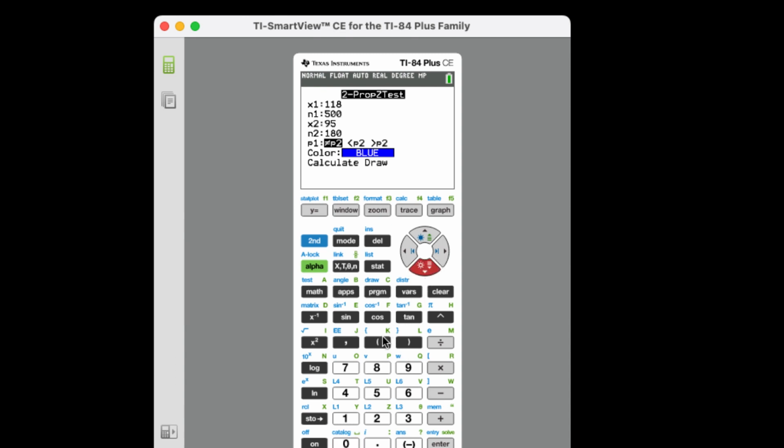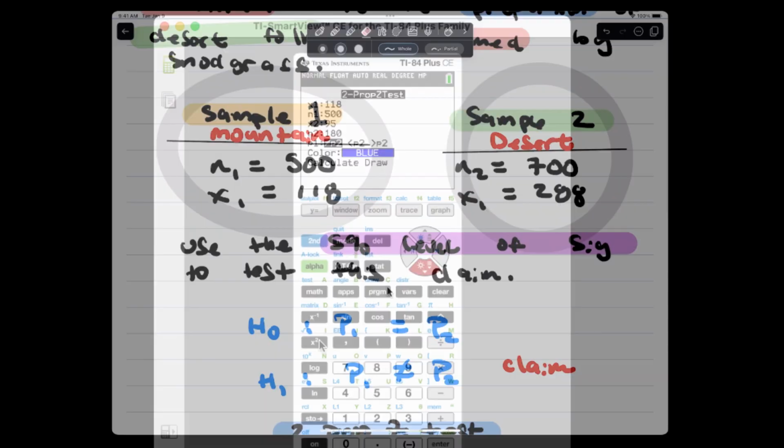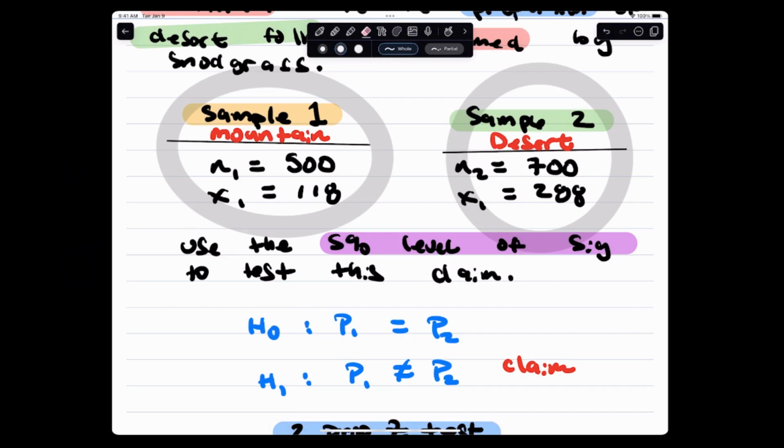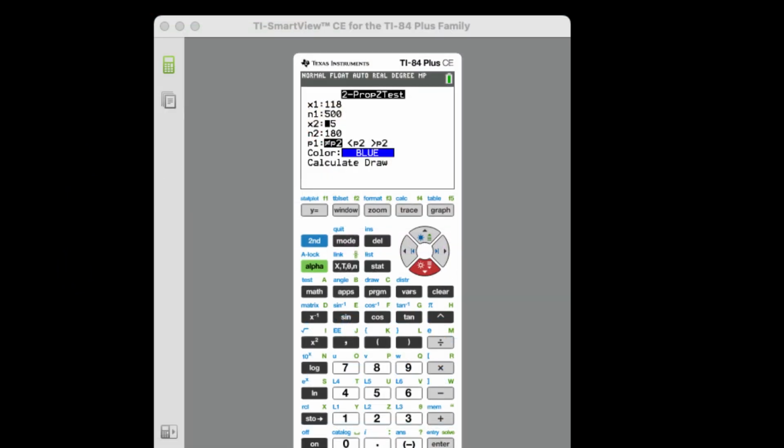And then you're going to have, ooh, I see a typo in my notes. Go back to the notes. This is going to be 288 and 700.